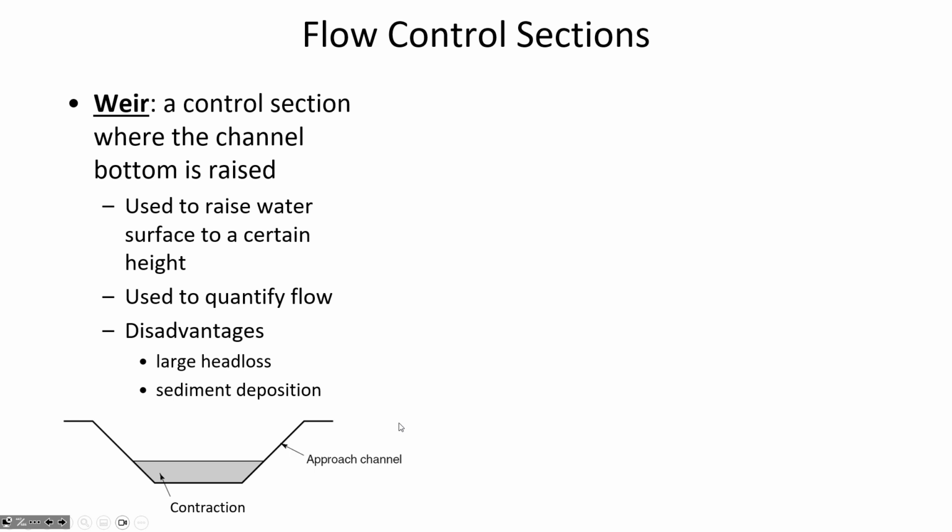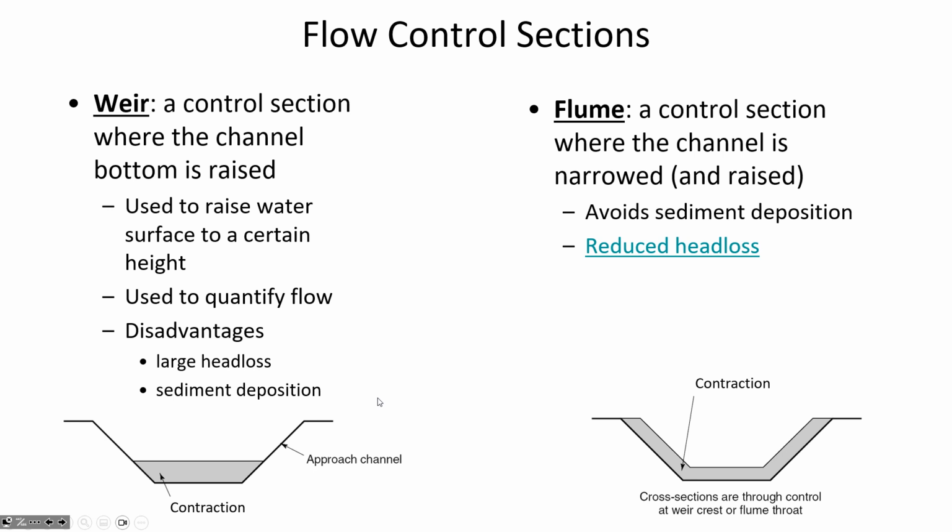In contrast to a weir, which is a contraction in the form of a step up where the flow has to flow up over the obstruction and is forced into critical flow, a flume has a contraction where the channel is becoming narrower, but the flow isn't having to go up over an obstacle.